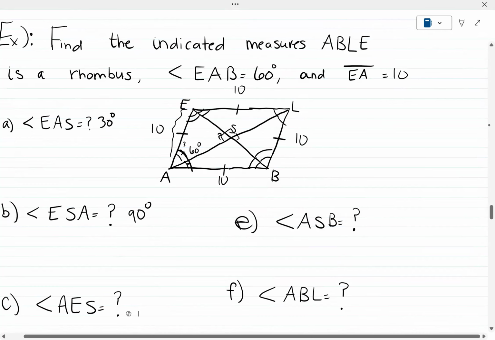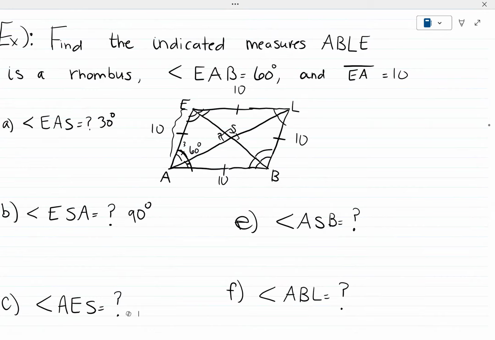What about C? Angle AES. Yes, so this angle. In a rhombus the angles aren't all congruent, but we do know consecutive angles are supplementary. So if you add up this angle plus the 60, it should be 180.